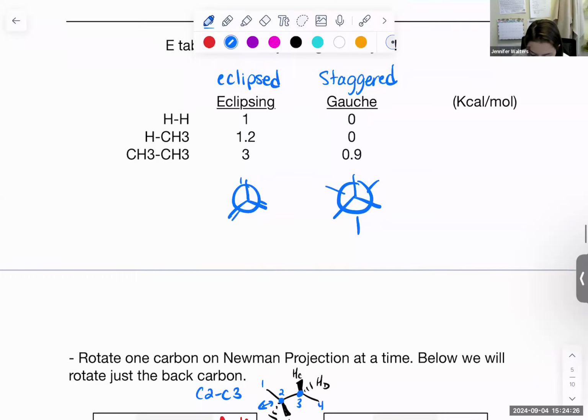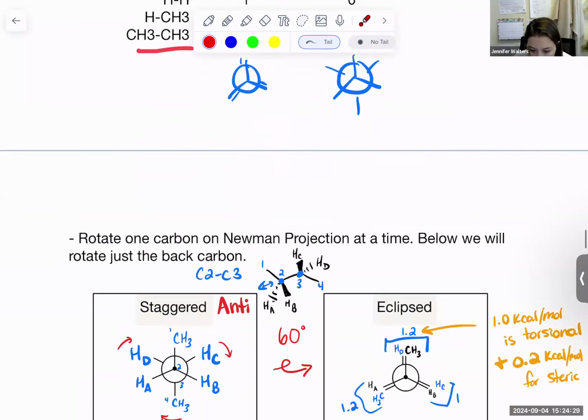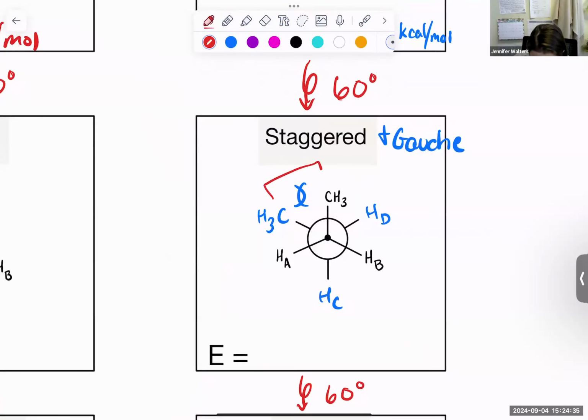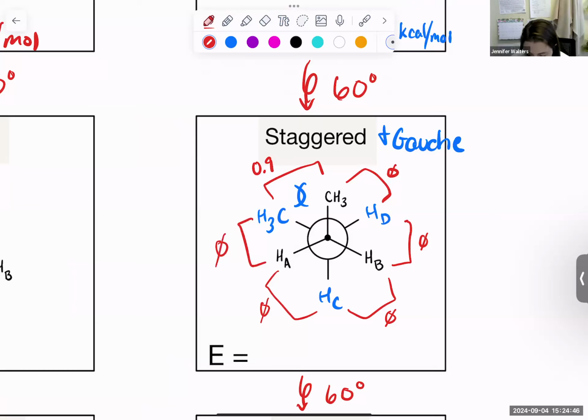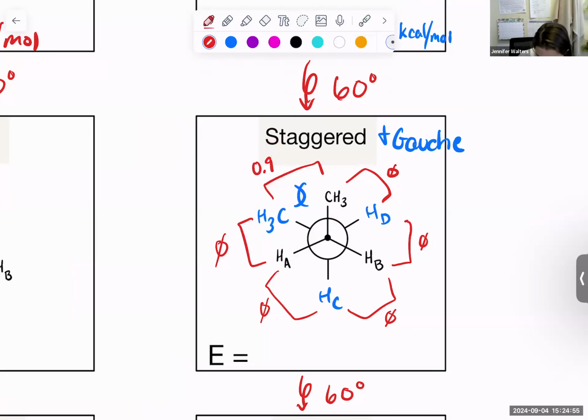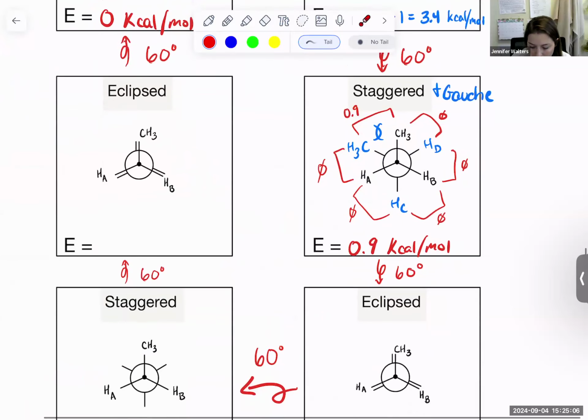The energy from the methyl-methyl is 0.9, and each of these are still 0 because they are not two non-hydrogens. Here's the only place where I get two non-hydrogens, because they're methyls, not hydrogen. So that's the only place where I actually have an energy. My total energy for this is 0.9 kcals per mole because I'm just adding up each of these values. So this is staggered and Gauss.